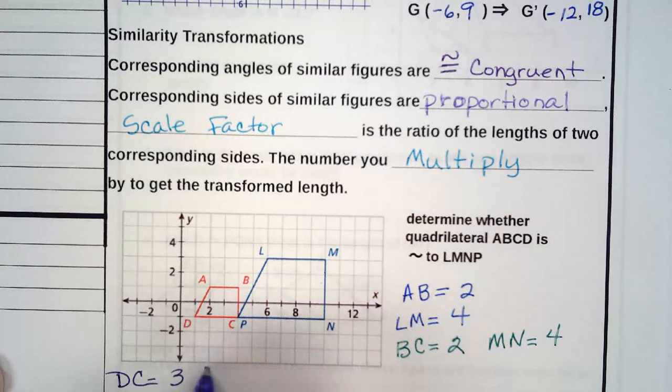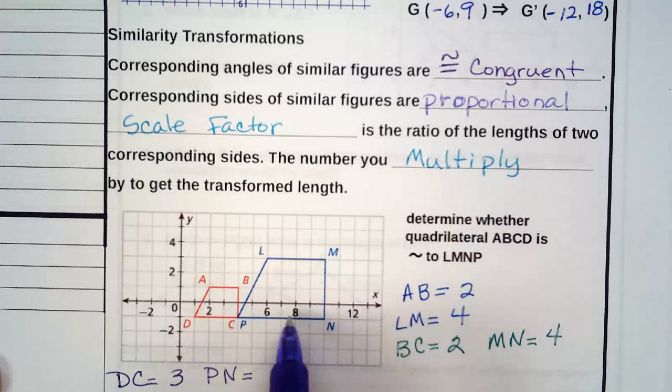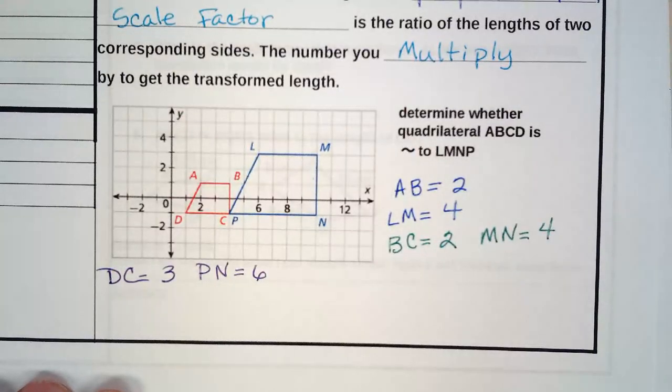Let's look at PN. We're thinking it should be 6. 1, 2, 3, 4, 5, 6, and we are correct. What about the one that is at a diagonal? AD and LP.